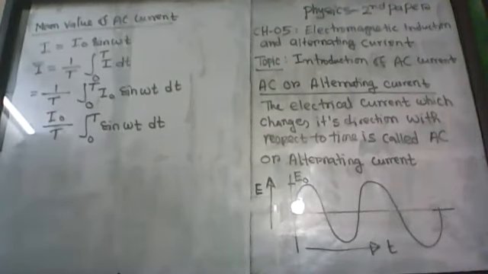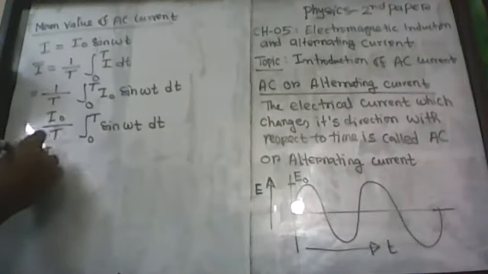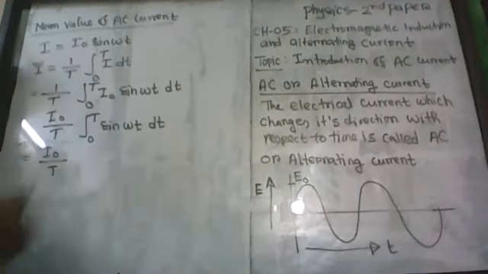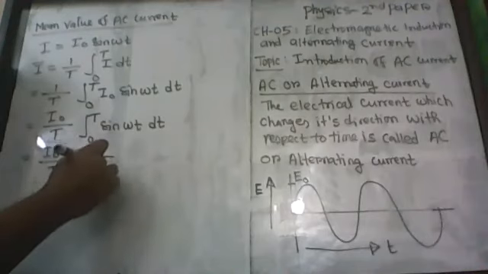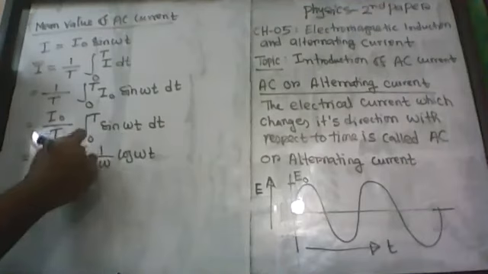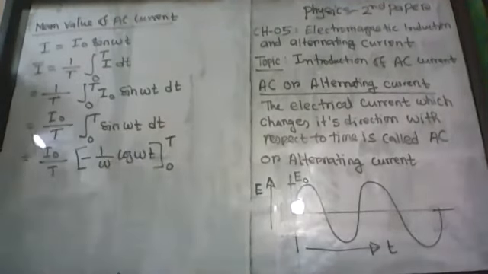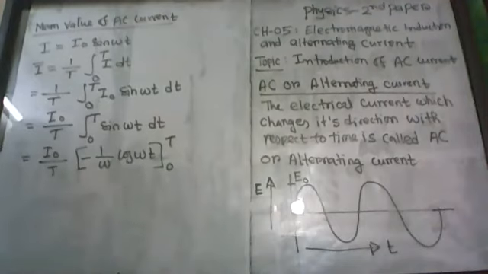If you solve this integration just like the previous math, it will equal I naught by T, minus 1 by omega cos omega t, with limits 0 to T.